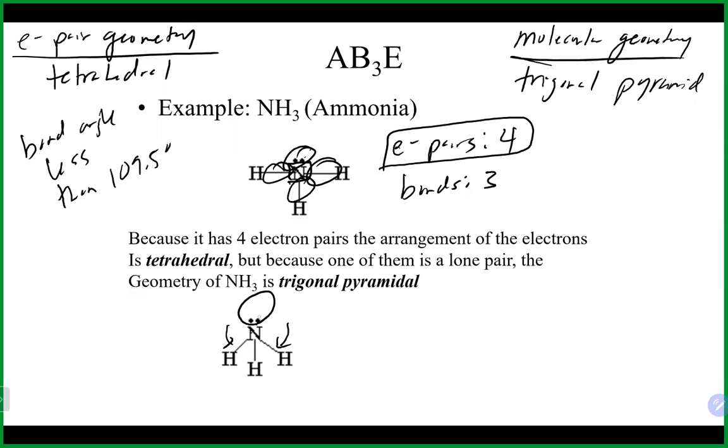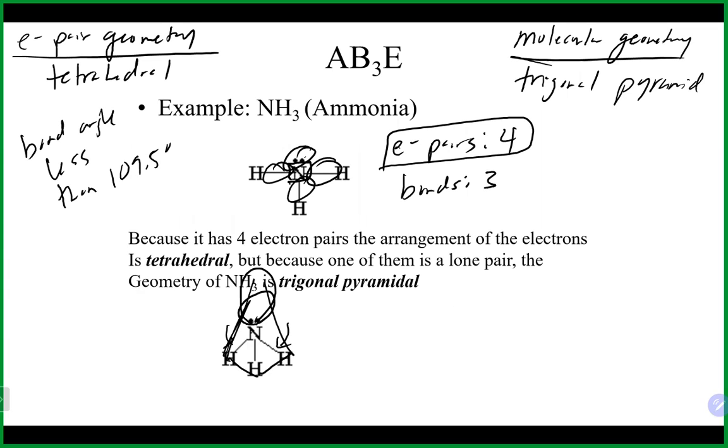And it is pyramidal because it comes up this way and makes a triangle, then this pyramidal shape occurs on the bottom of it. Any questions on that one there? So 4 electron pairs, tetrahedral, 4 electron pairs with 3 bonds, the molecular shape will be trigonal pyramid.